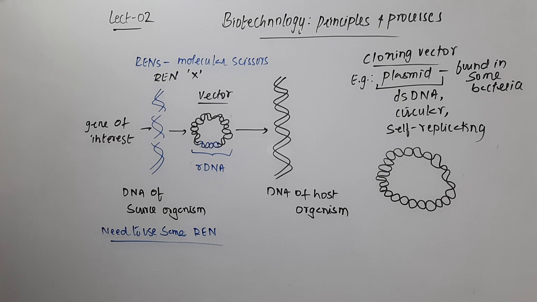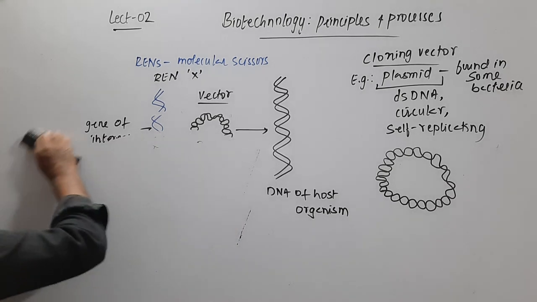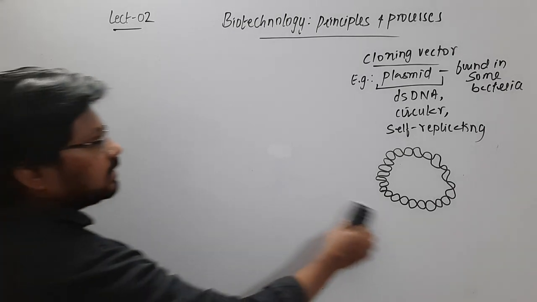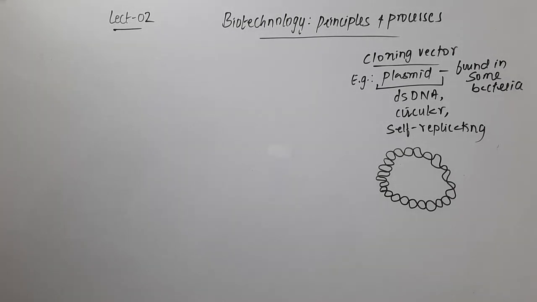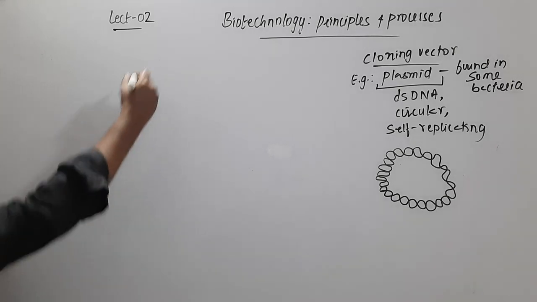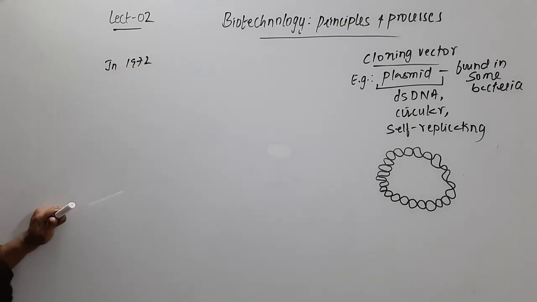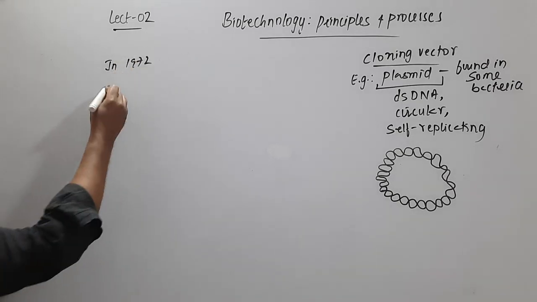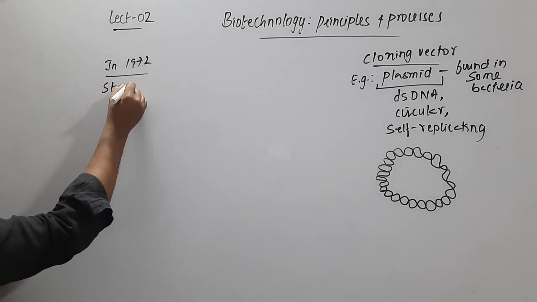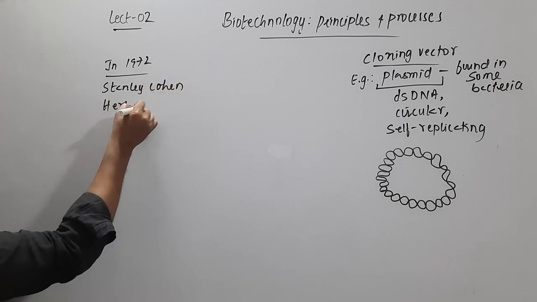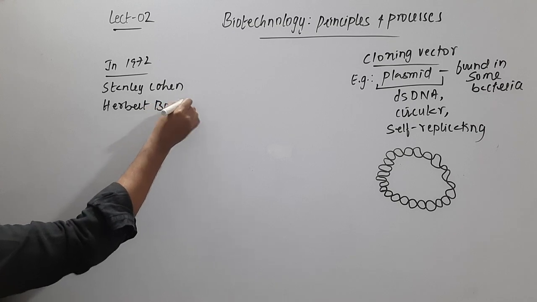Now let's see how the first artificial recombinant DNA molecule was generated. It happened in 1972, and that was done by two persons, Stanley Cohen and Herbert Boyer.